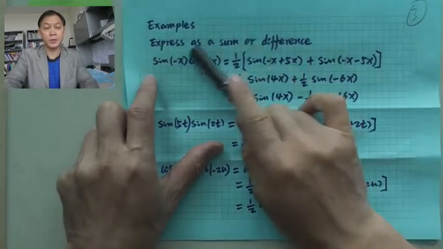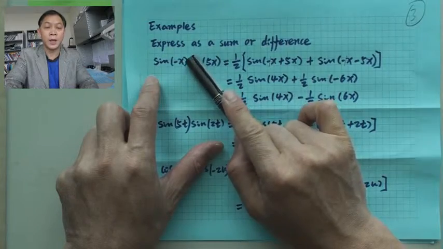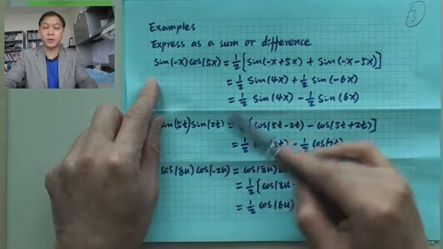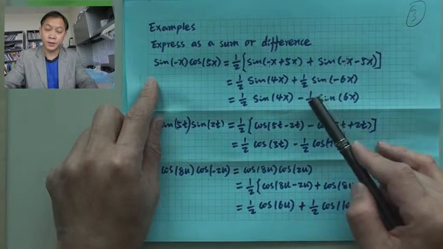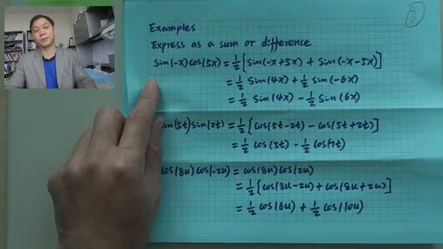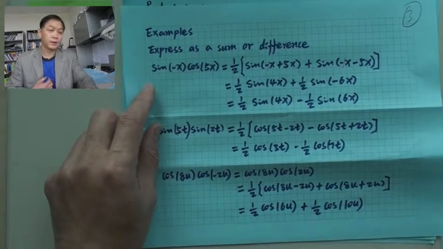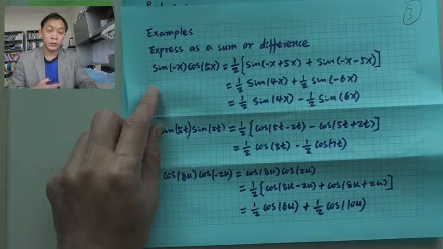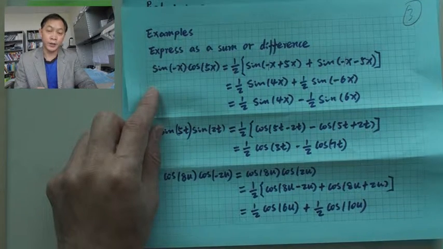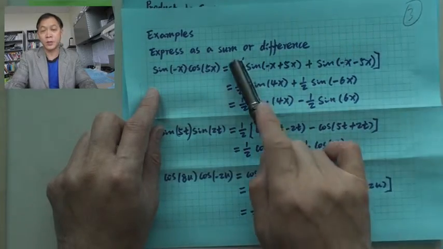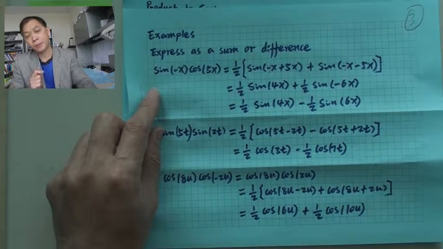And these 3 examples change the product to the sum or differences. Okay, test application for the sum to the difference, or from the product to the sum or difference.